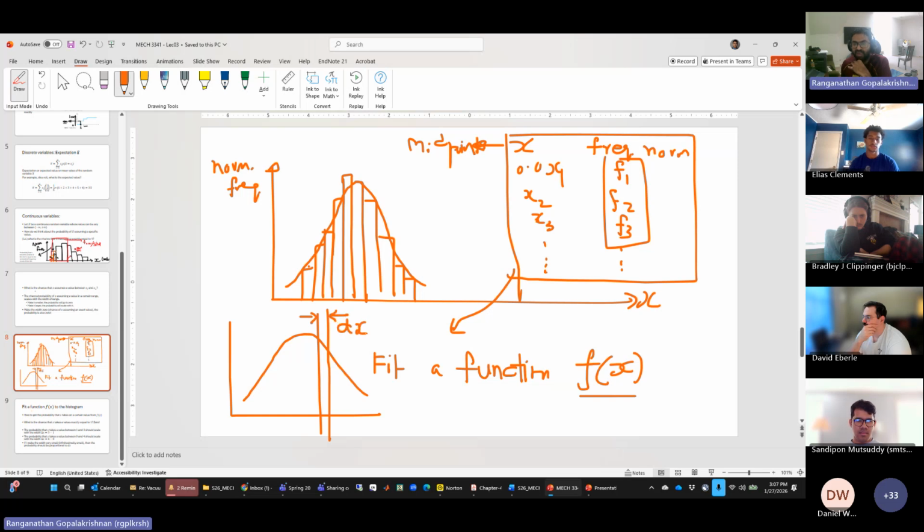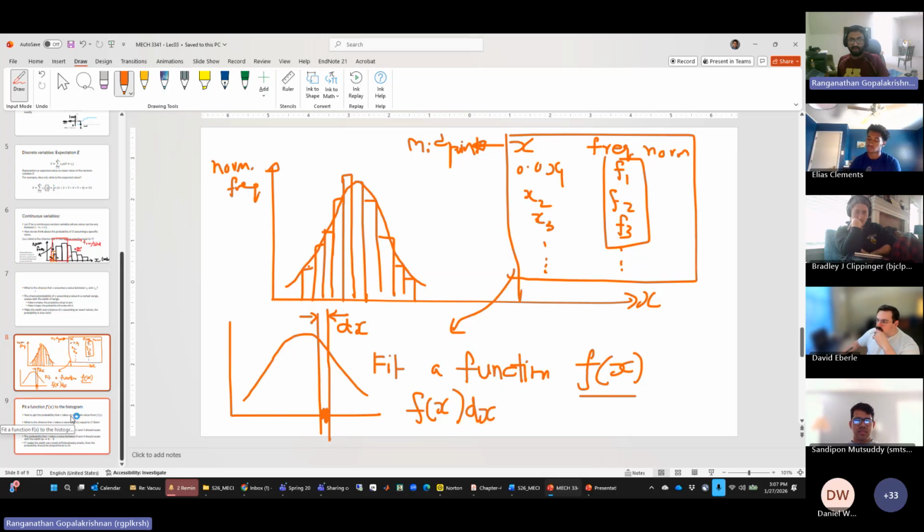Okay, dx. Now I'm going to say the probability that x lies between this very small sliver of x values is f of x times dx. The probability is equal to f of x dx.